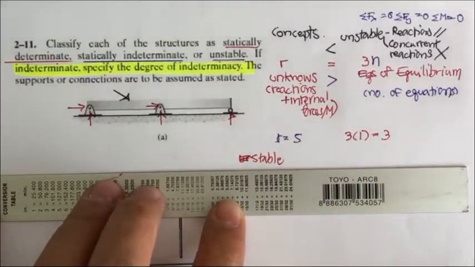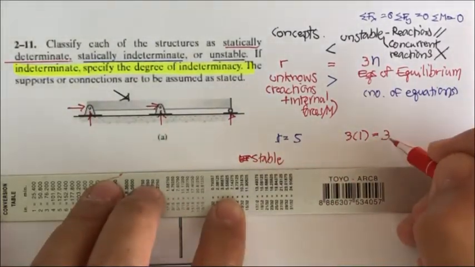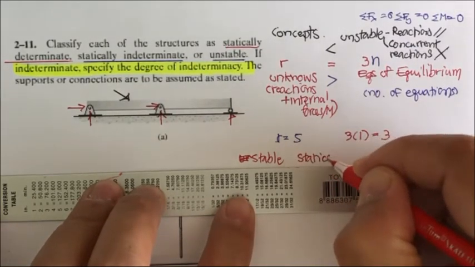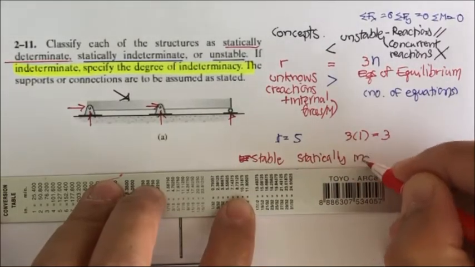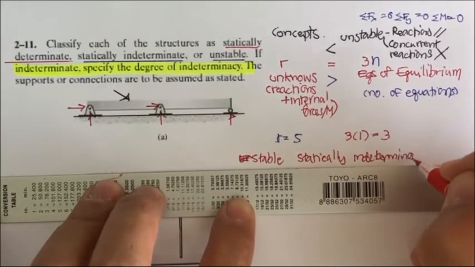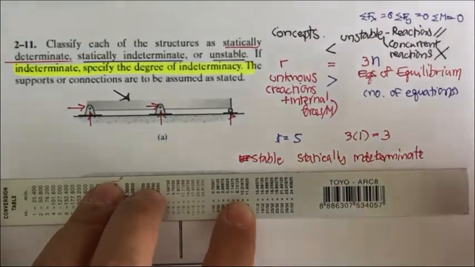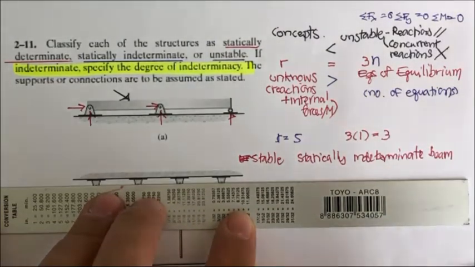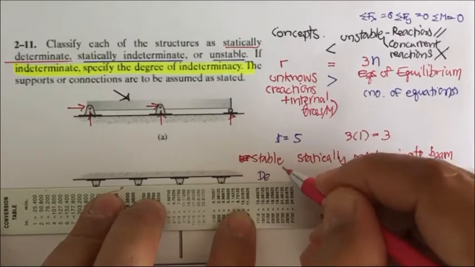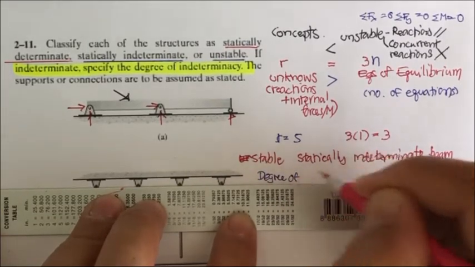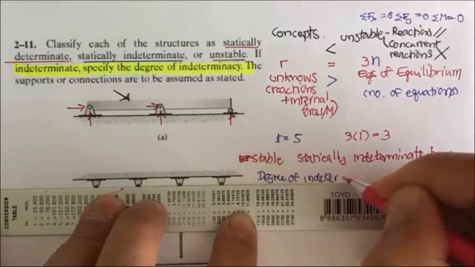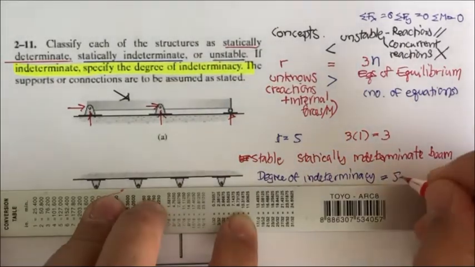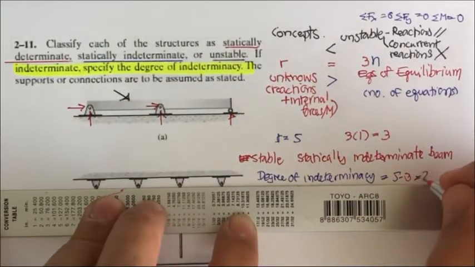Okay, and since R is larger than 3n, it's going to be statically indeterminate. Okay, and it's going to have the degree of indeterminacy equal to 5 minus 3. That is going to be 2.